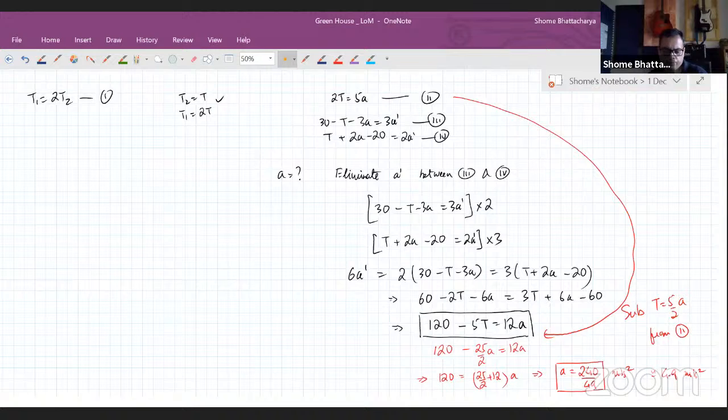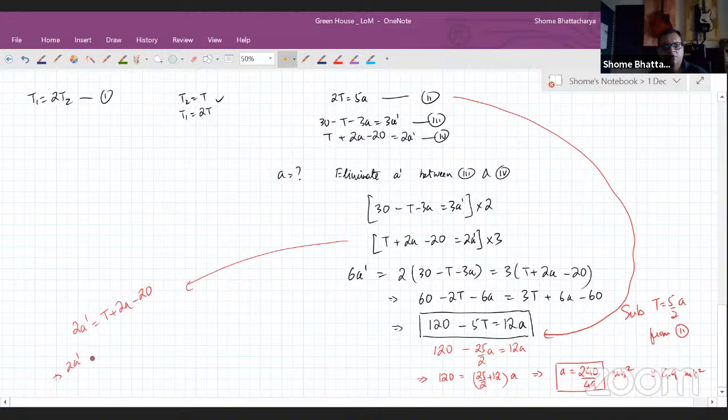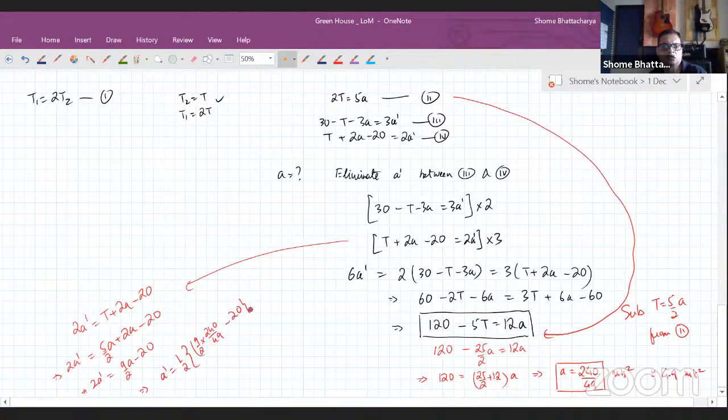Okay. So now from this we can calculate the value of A prime, for example. We can substitute in this equation or this equation. So 2A prime is equal to T plus 2A minus 20. So that means 2A prime is equal to 5 by 2 A plus 2A minus 20. So A prime will come from this, and we can make this calculation next.